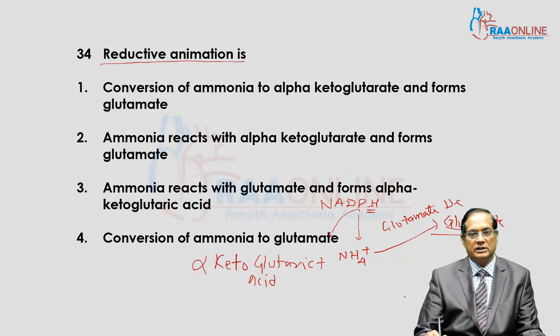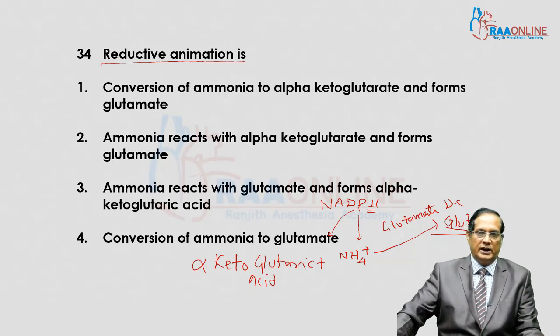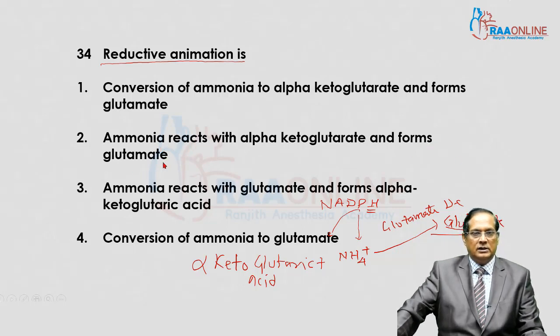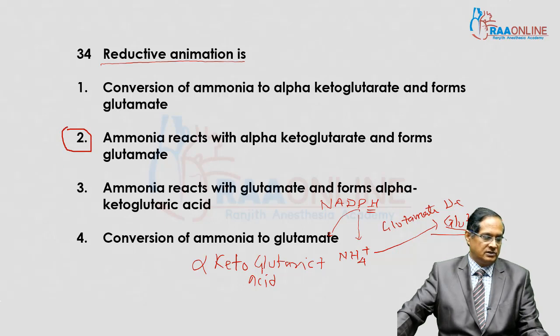So in reductive amination, alpha ketoglutarate reacts with ammonium and what is formed? Glutamate is formed. So answer number 2 is correct for this reaction.